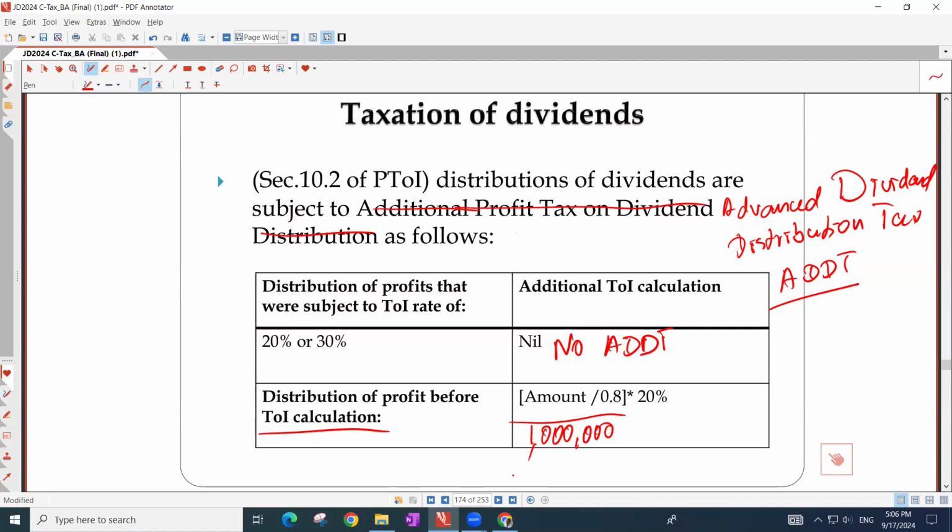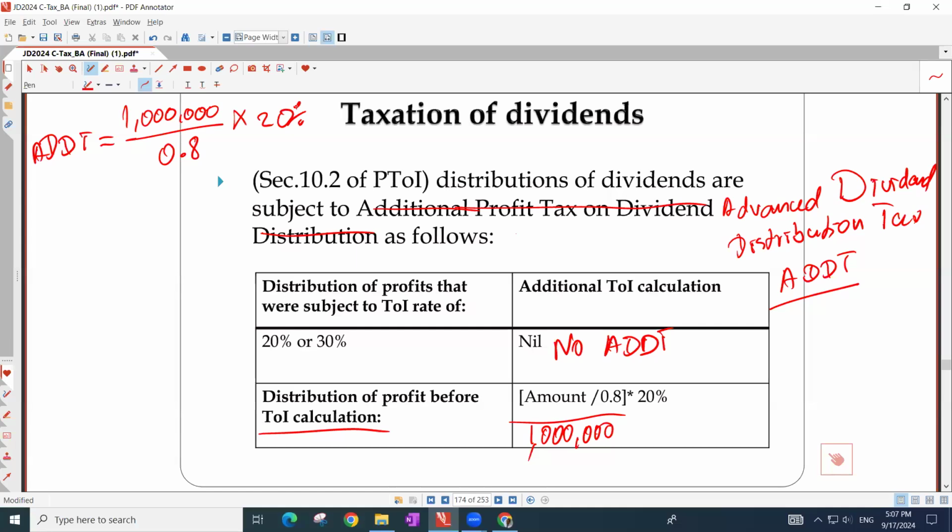maybe $1 million. So how much ADDT do you need to pay? ADDT equals 1 million divided by 0.8 and then multiplied by 20%. So 20% is the income tax rate, right?